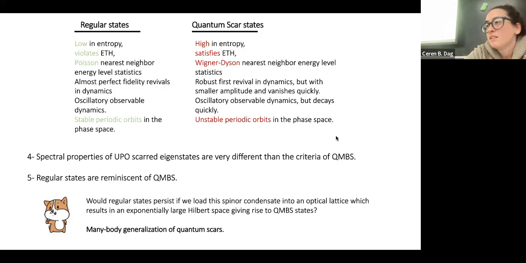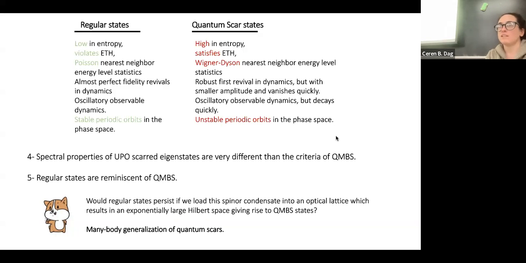Yes, the so-called many-body scars are not close to the quantum scars. It seems so, at least from more work, that's what we're understanding. And now we want to see whether we can make a many-body generalization of quantum scars.